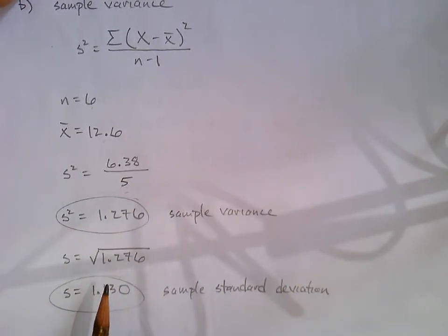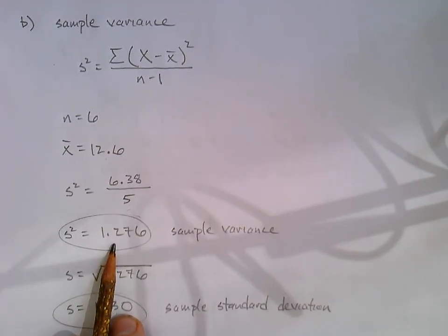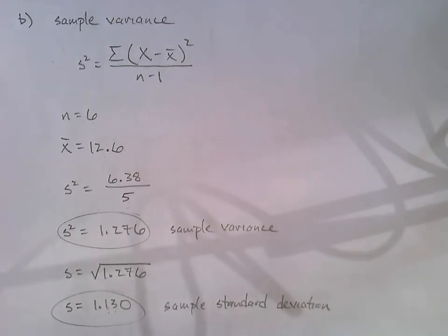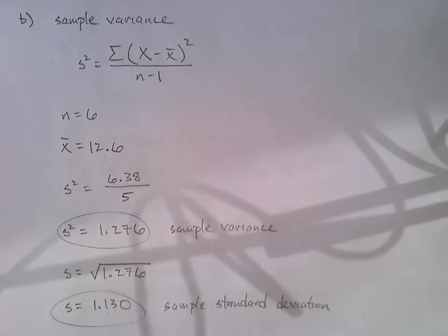It went from 1.031 to 1.130, so it got bigger by about 0.1. Same with the sample variance. It got a little bit bigger. Before it was 1.063. Now it's 1.276. So that got bigger by about 0.2. Why is that? Well, we divided by a smaller number, so the result was a little bit bigger.